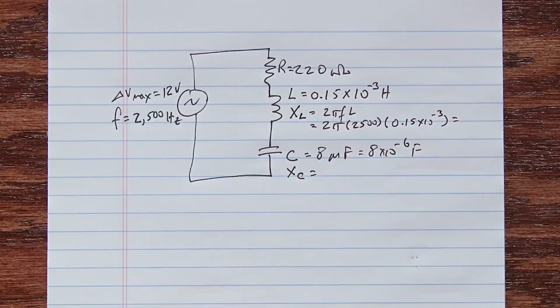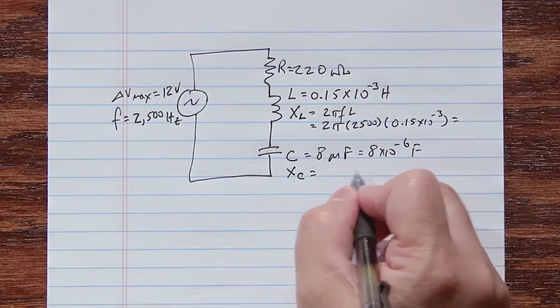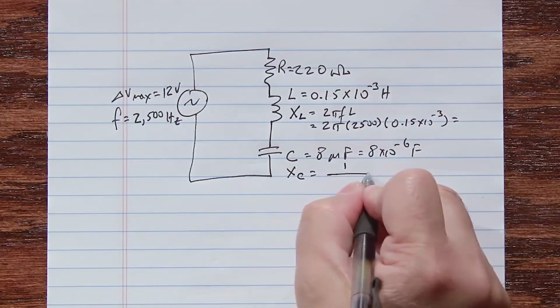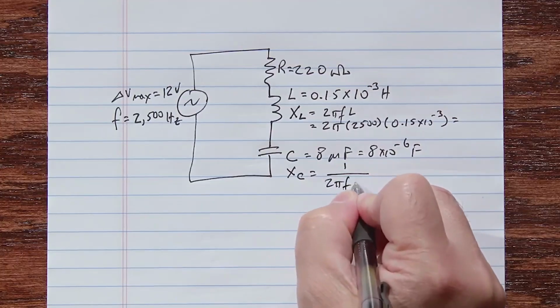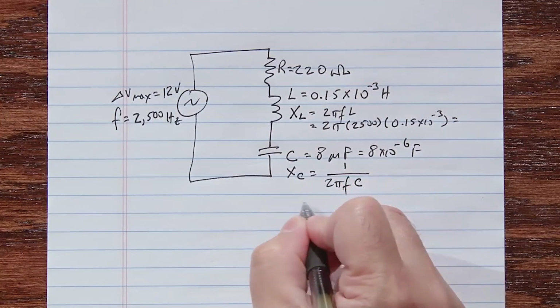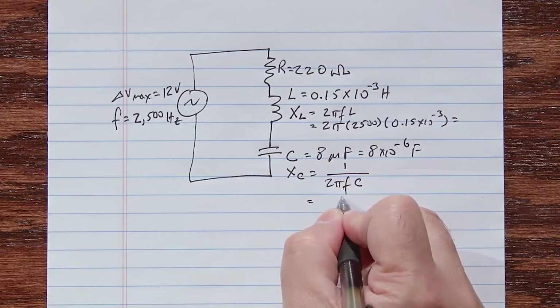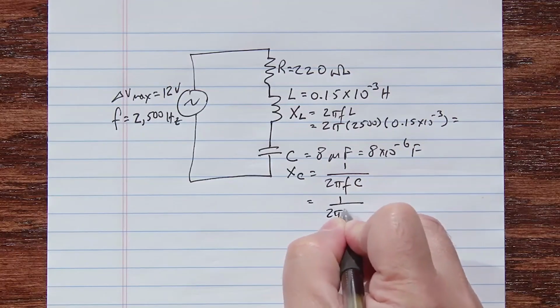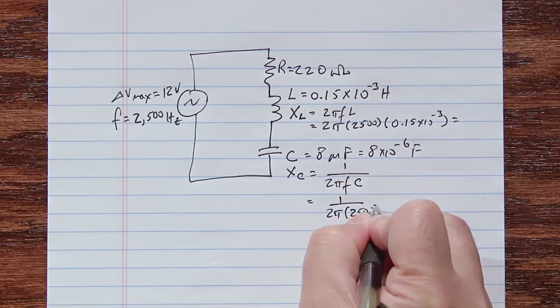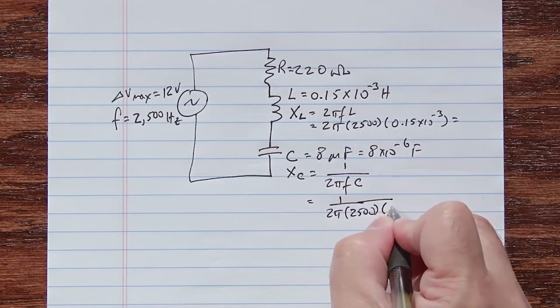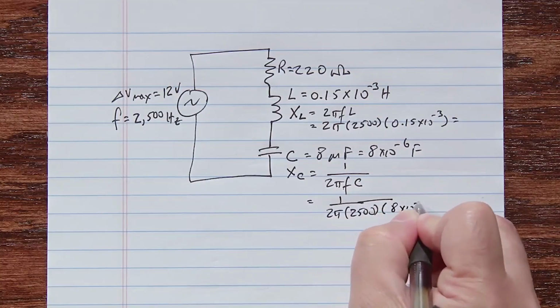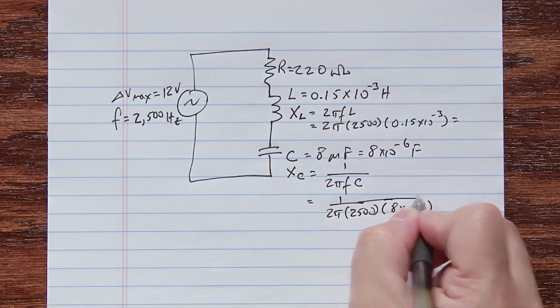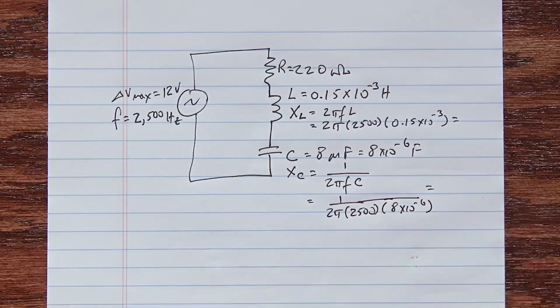And we'll calculate that out in a second. Let's also do our X sub C. That's 1 over 2 pi f C, or 1 over 2 pi times 2,500 times 8 times 10 to the minus 6 farads. And what does that equal?